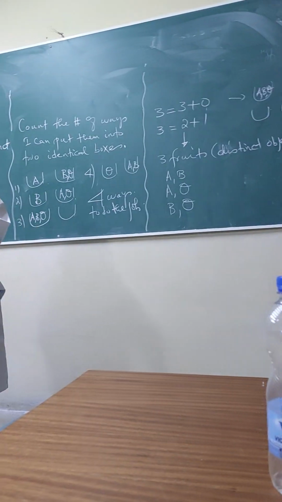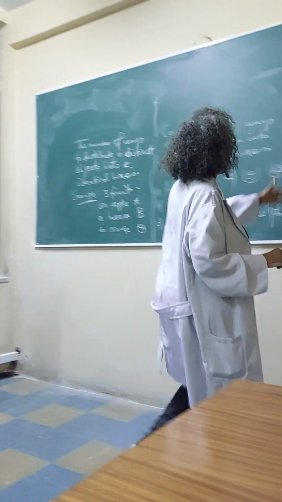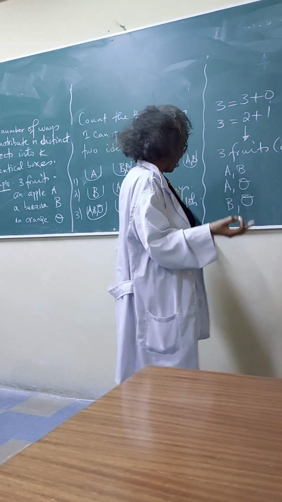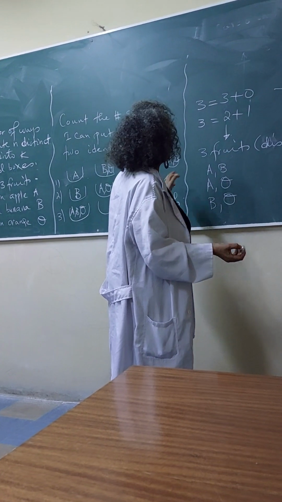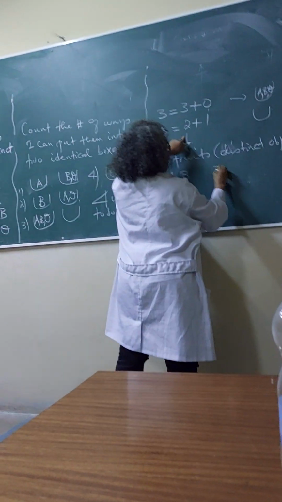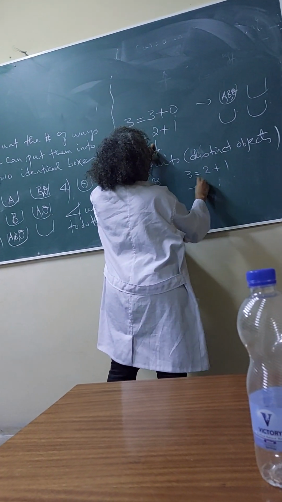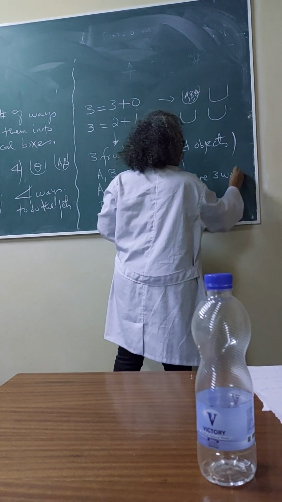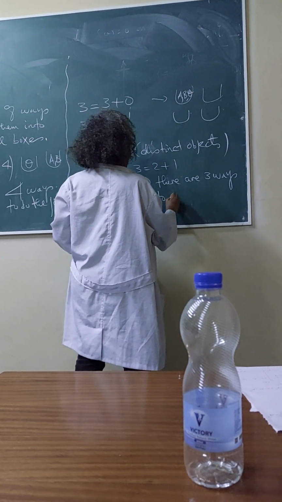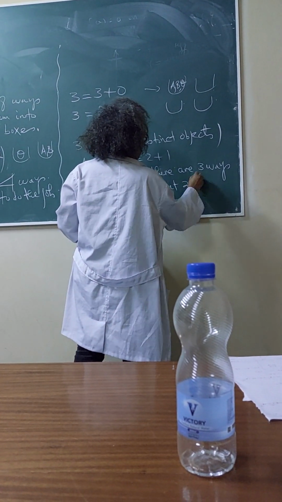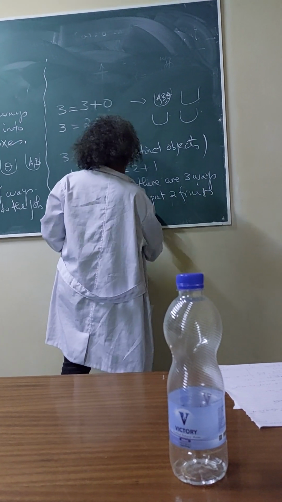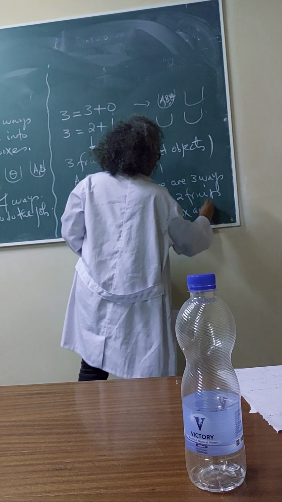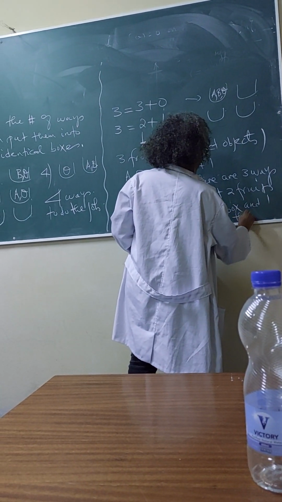You see, there are 3 different ways to do that job, to select the 2 fruits out of the 3. Therefore, you can say that here 3 is equal to 2 plus 1, but there are 3 ways to do this. To put 2 fruits in one box and 1 in the other.